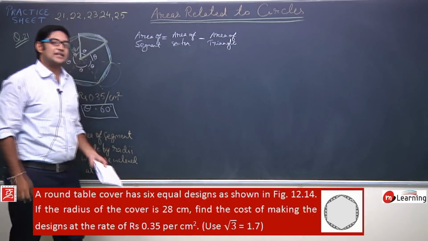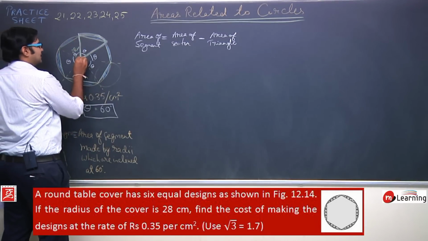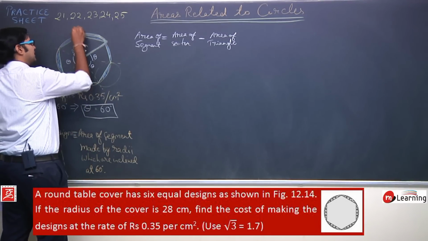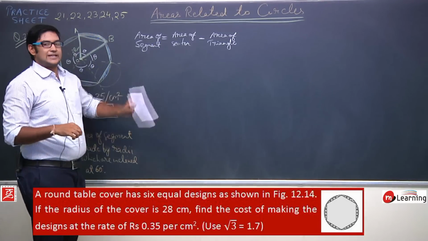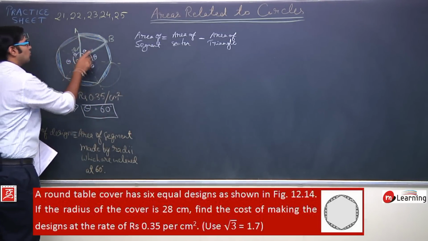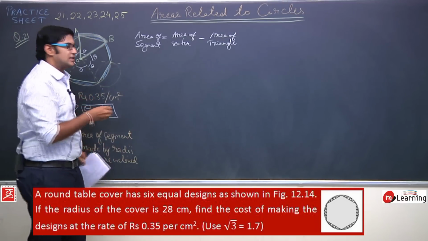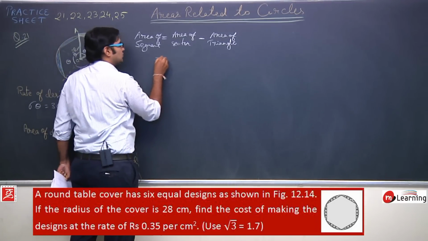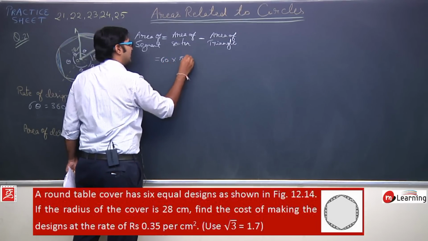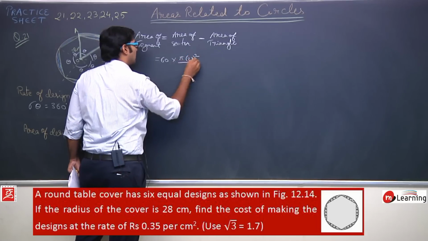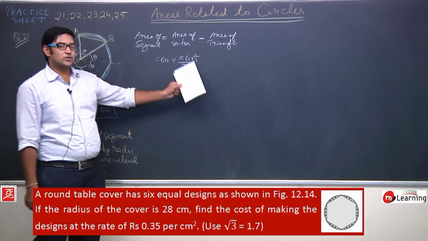Let us say this center is O, this point is A and this point is B. So the area of sector AOB, this complete sector, is equal to 60 degrees into pi into 28 square upon 360, that is theta into pi r square upon 360.